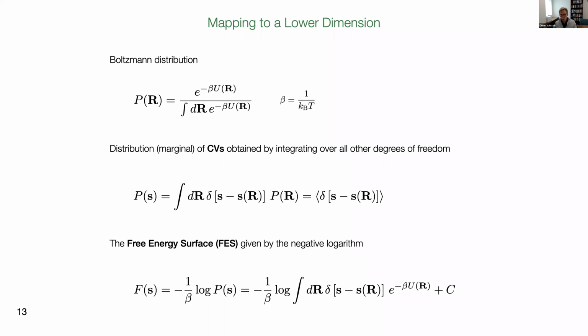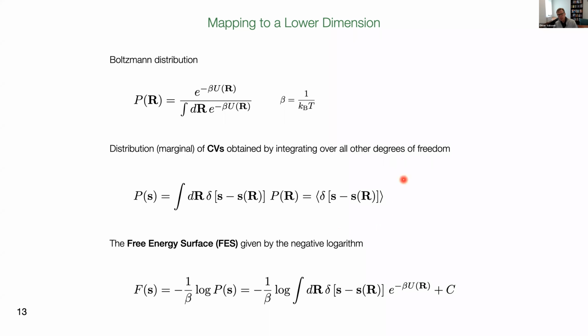Okay, so now that we have defined these collective variables, we can define the free surface corresponding to these collective variables. We start from the Boltzmann distribution shown here, and then we obtain the marginal distribution of the collective variables by inserting this delta function with the Boltzmann distribution and integrating over all other degrees of freedom.